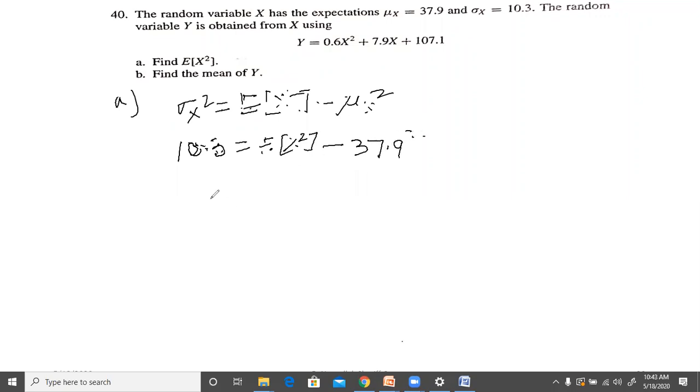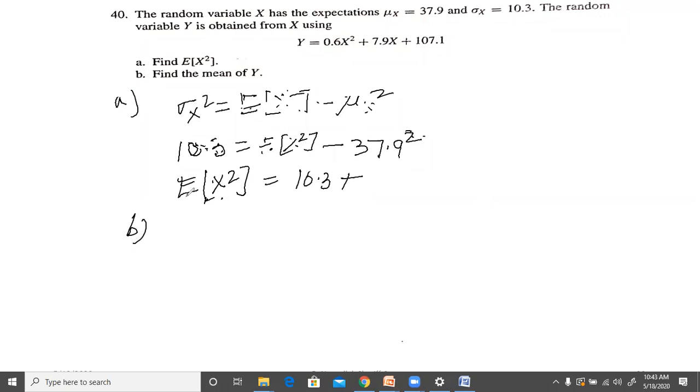So E of x square will be 10.3 plus the quantity which you have got, that is 37.9 square. Okay, that is how you can find this, right?